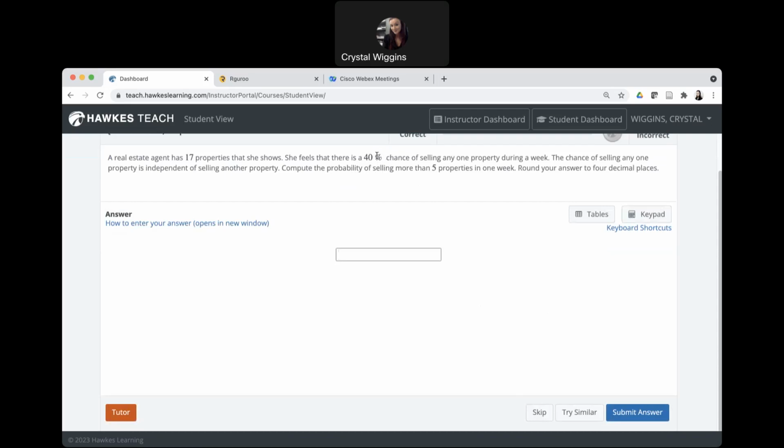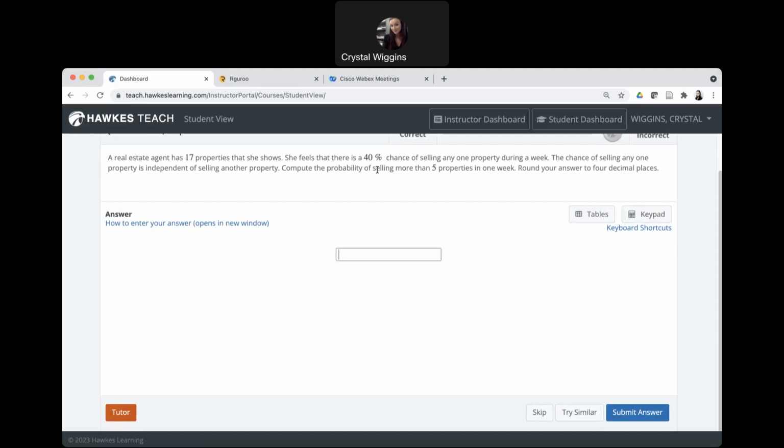So this probability would not associate with calculating something that's not happening. And therefore you would have to find the complement to 40%. So you would subtract 100 minus 40, which would give you 60% chance of her not selling a particular property. So I'm sorry that I couldn't find an example that actually demonstrated the complementary rule, but there are some that can pop up in your practice and your certify.